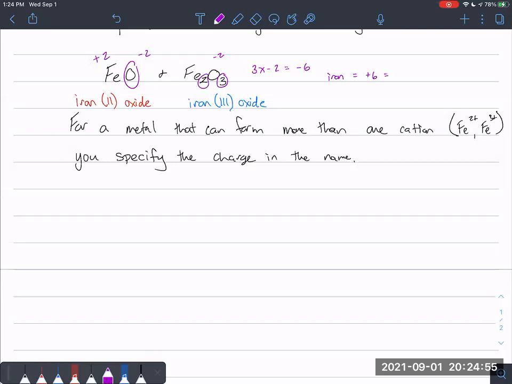So +6 is equal to x times 2. x therefore must be +3. So that's how we are able to come up with the charge for iron in there. So you can either determine the charge based on the charge of a cation, based on the charge and number of anions, or if you're given the name, you have it right there in the name.